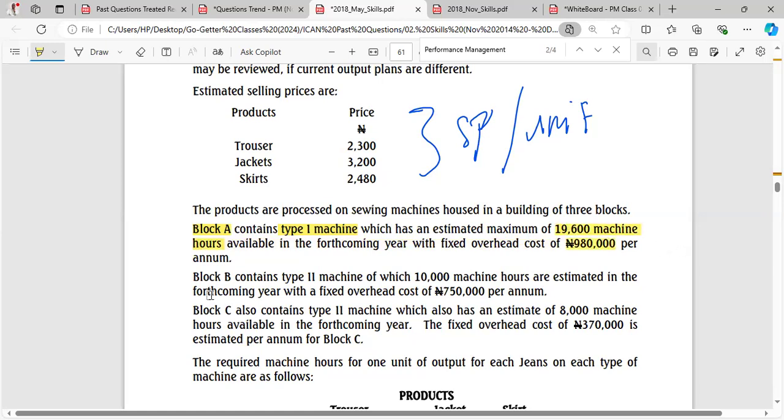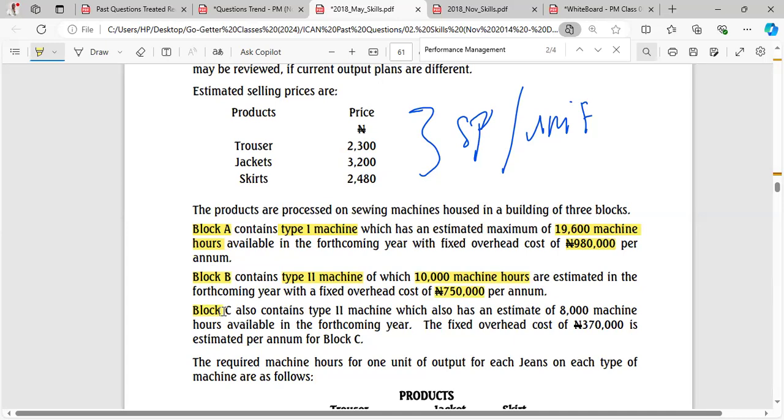Now, block B contains type 2 machine, of which 10,000 machine hours are estimated in the forthcoming year, with a fixed overhead of 750 per annum.